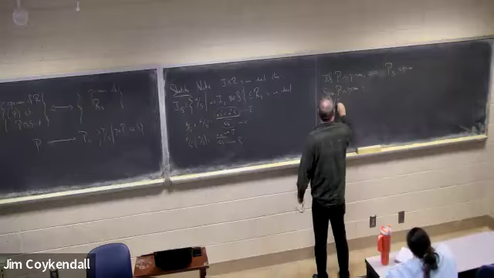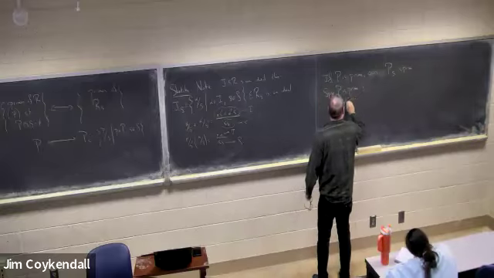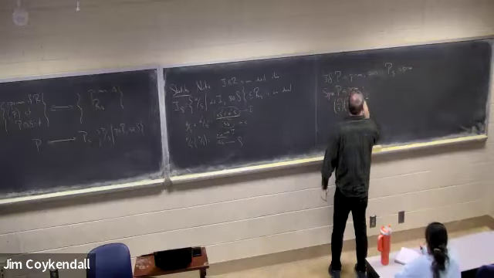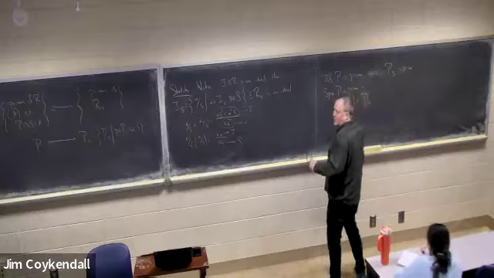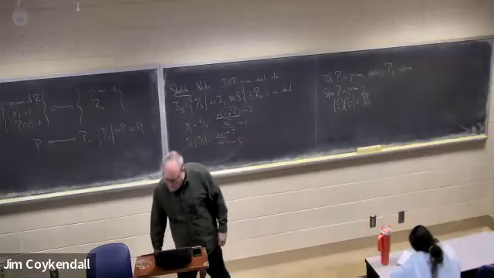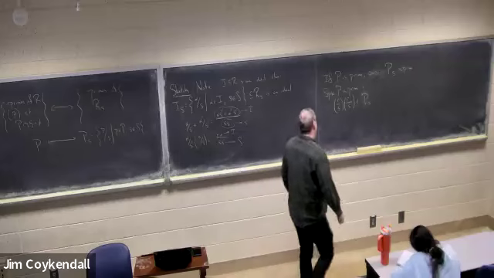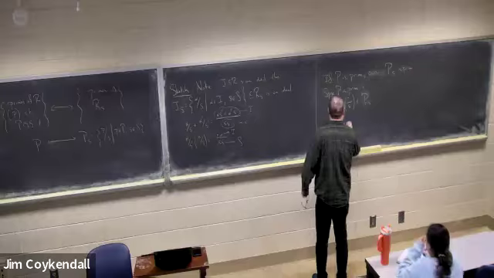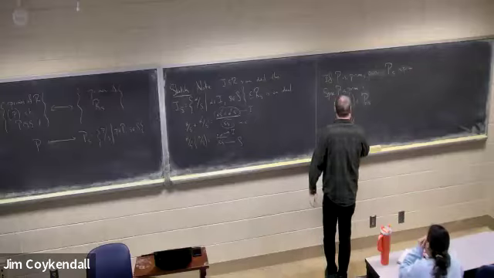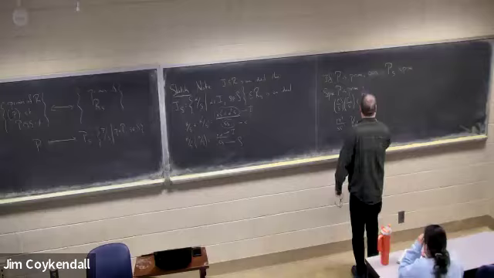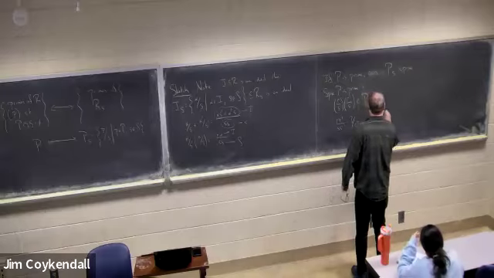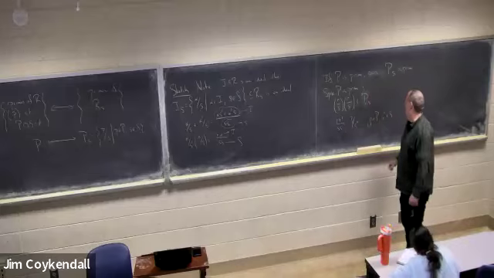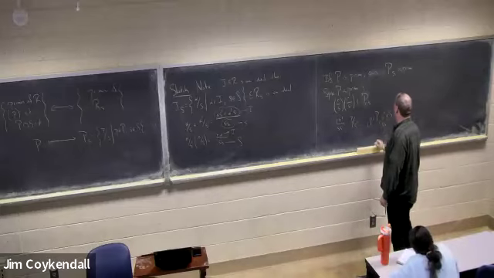And r over s times r prime over s prime is in P localized at S. So that means it equals p over s double prime, where p is in P and s double prime in S.